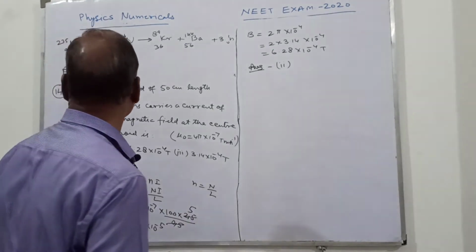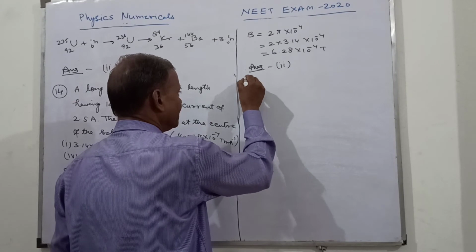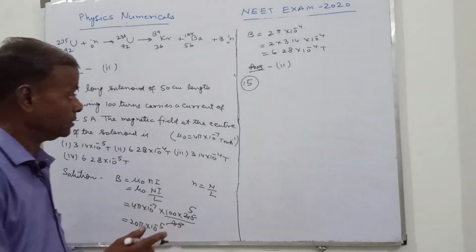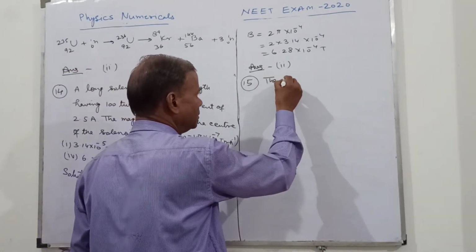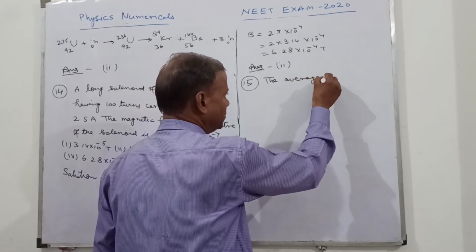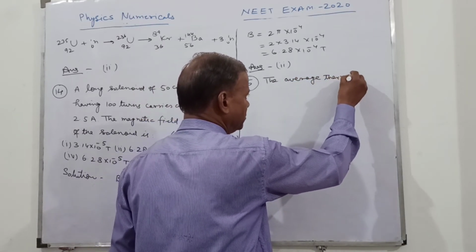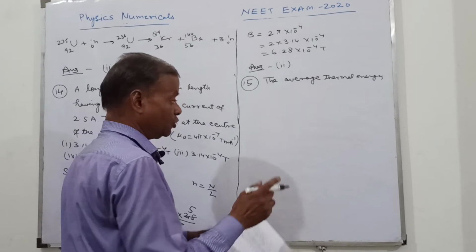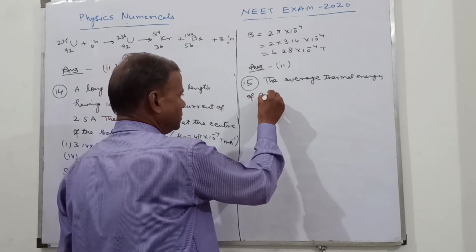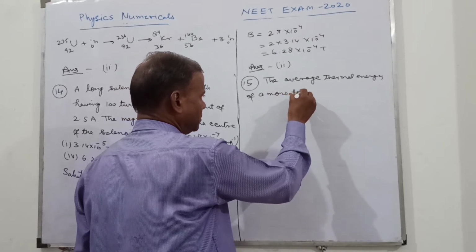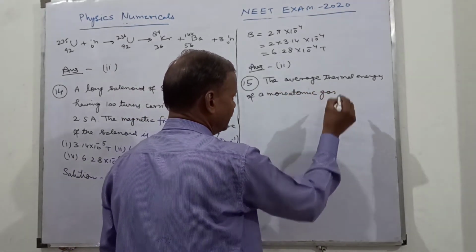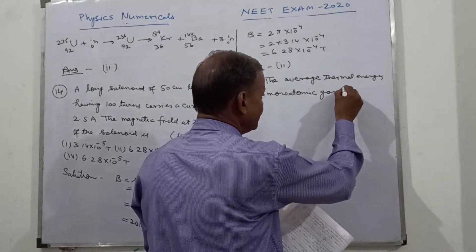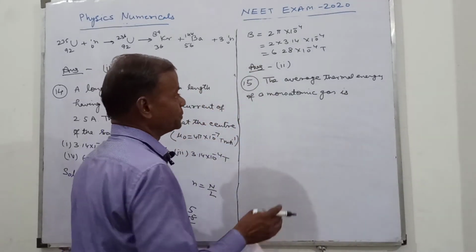Now question number 15. The average thermal energy of a monatomic gas is... And now your options are given.